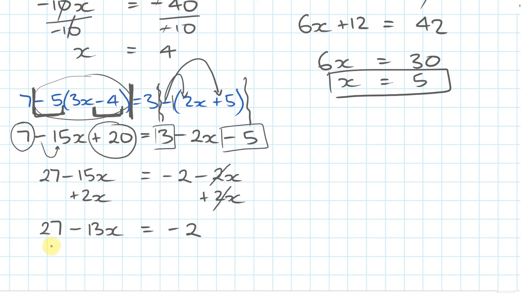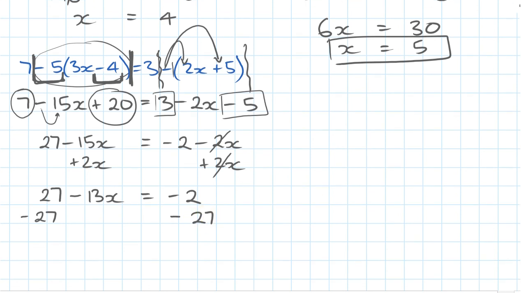Okay, the 27, I'm going to subtract it from that side, which means I also need to subtract 27 from this side as well. So when I do that, those two cancel and I'm left with negative 13x is equal to negative 29.